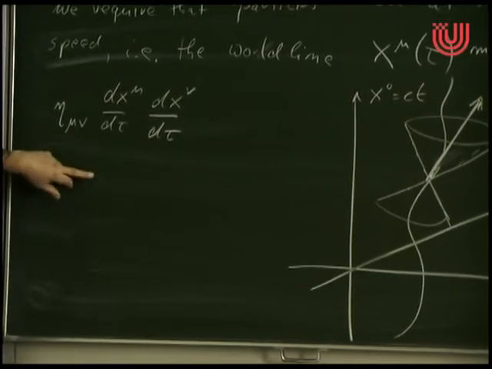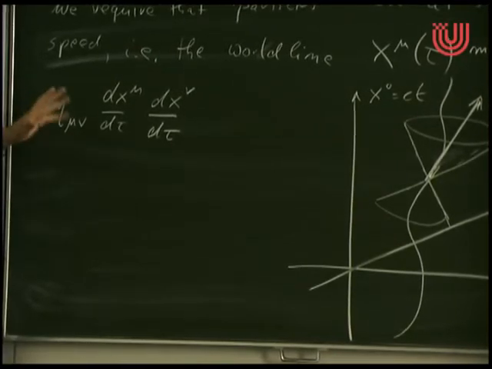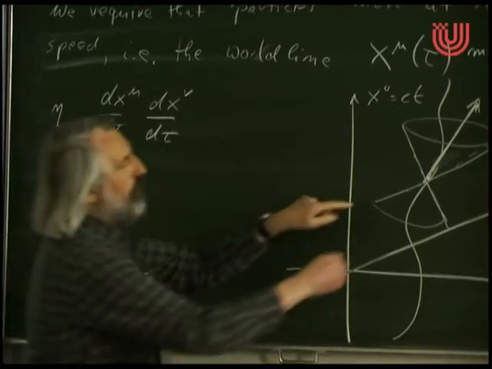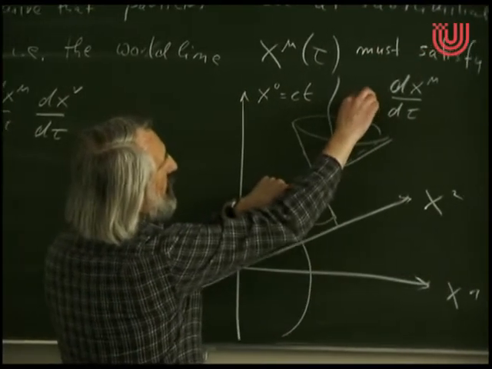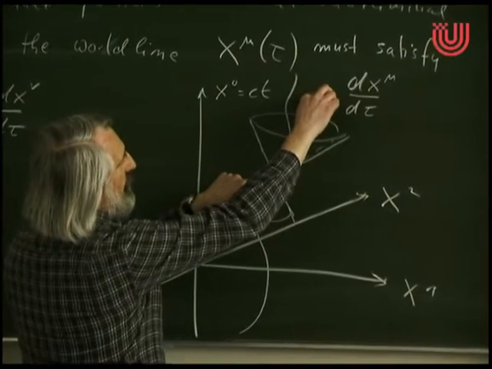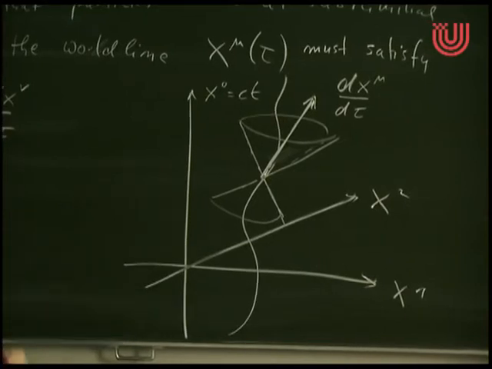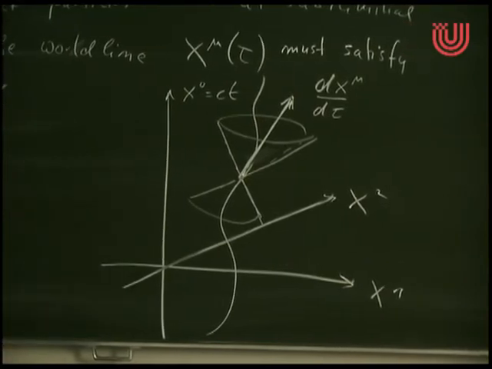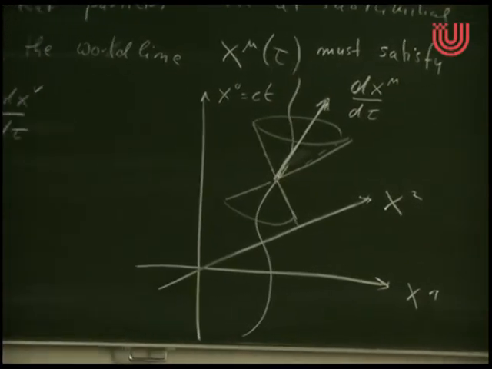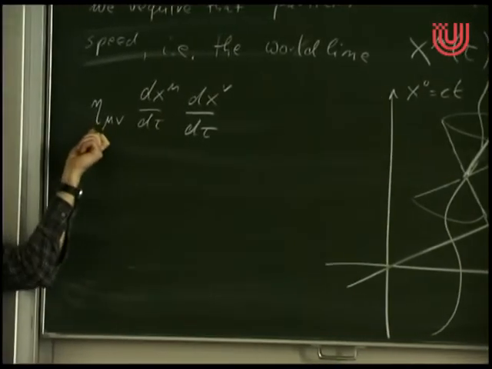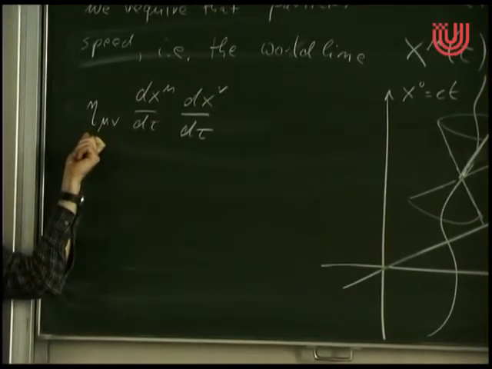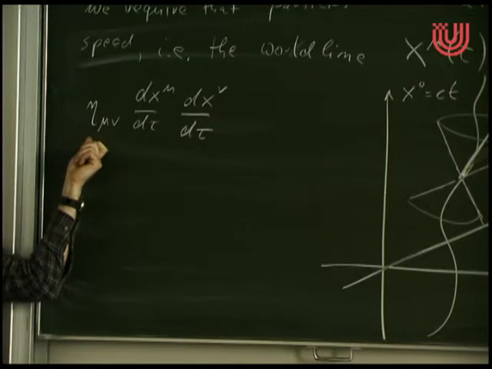We have minus the x^0 component squared plus the 3 spatial components squared. What should this be if we are on the boundary? The spatial length difference of the coordinates of this point and this point must be the same as the temporal length difference, if I put the factor c in the right place. So this eta expression, if it is on the light cone, must be 0. Yes. If it's on the light cone, then it is zero. Oh, we have to repeat this.